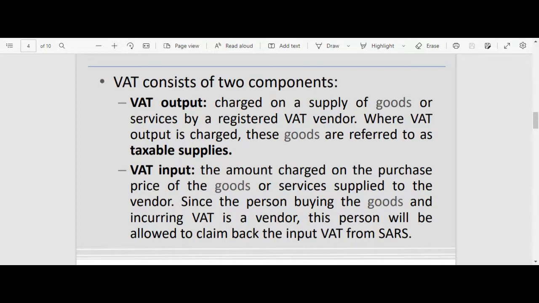So, as we've said earlier, we can distinguish between the value added tax that we pay to our suppliers, right? That is levied by the supplier on the goods and the services that they provide to us as a business. Now, when I say we, we've now got to put ourselves in one of two situations.